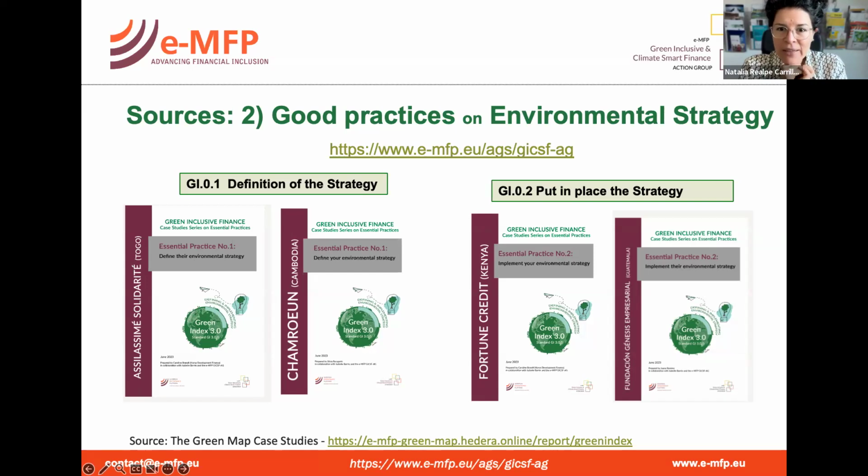Joseph asks if there is any rationale why indirect risks come before direct risks. It's a good question, Joseph. In green inclusive finance, coming from the definition, everything is customer-centric.